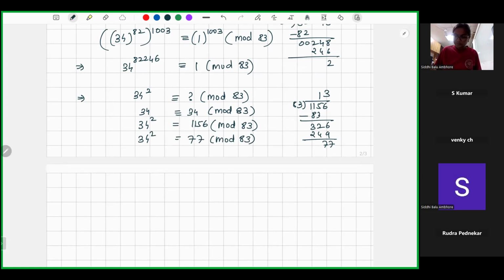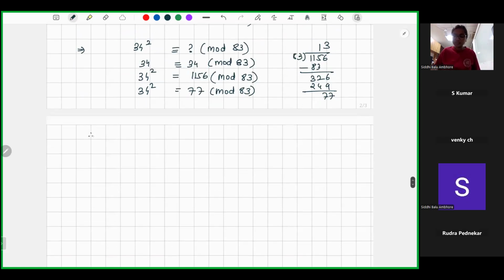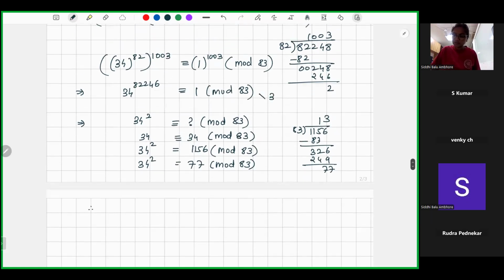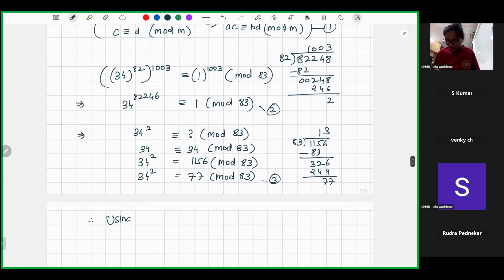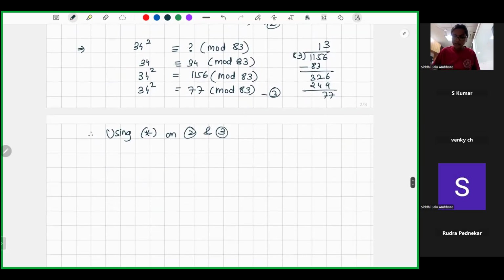So using star on these two results, I get 34 power 82248 congruent to 77 mod 83.